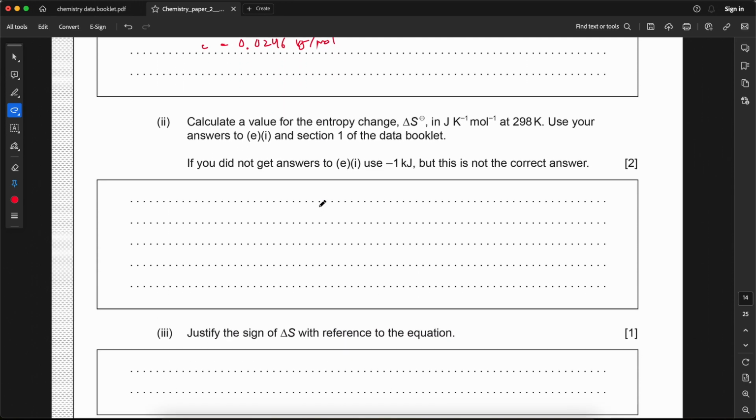Calculate a value for the entropy change. So delta G is known. The formula is delta G equals delta H minus T delta S. Delta G should be in kilojoule because delta H is known in kilojoule.